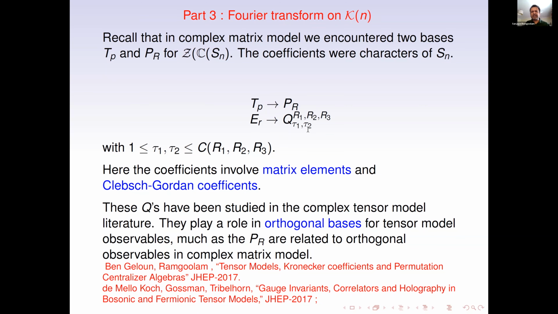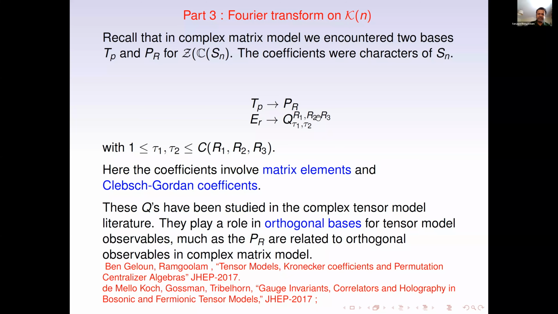And there is a Fourier transform that takes you to something labeled by triples of Young diagrams. The counting of this is exactly the counting that we saw before: for each triple of Young diagrams, there's C squared. So there is a basis in K of n labeled by things like this, where these multiplicity labels go from 1 up to the Kronecker coefficient. Here we had characters; here you would use something more refined, such as matrix elements of symmetric group representations and Clebsch-Gordan coefficients, which naturally have multiplicities, which are these Kronecker coefficients.